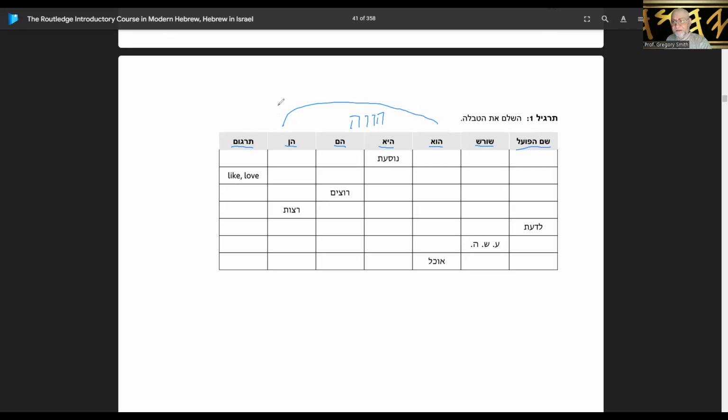So out of all these categories, they're giving us just one word, and we have to figure out what the other ones that go in the blanks are. Okay, so let's see what we can do here. For the first one, in this first row, this one's not given, but it gives us this: nosa'at.